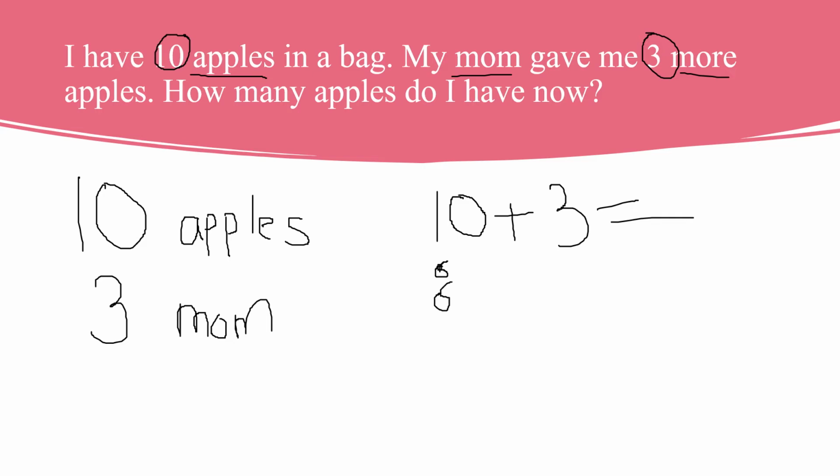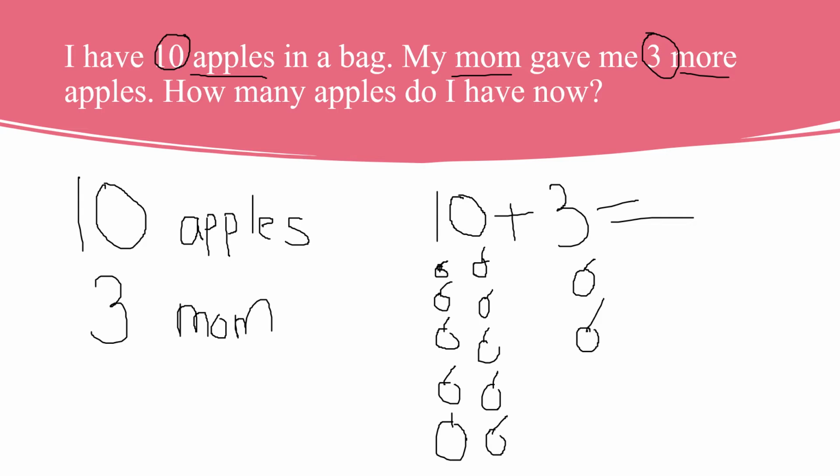So I have 1, 2, 3, 4, 5, 6, 7, 8, 9, and 10. And then I have 3 more, so I'm going to put 1, 2, 3.